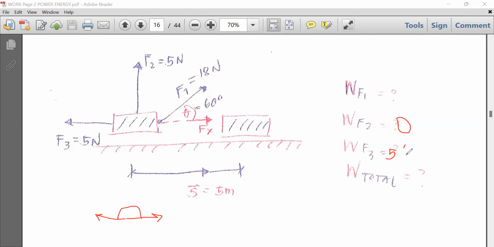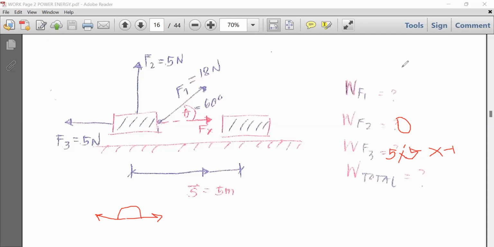F is 5, S is also 5. So 5 newtons times 5 meters, then multiply that by the cosine of 180. Cosine of 180 is -1.